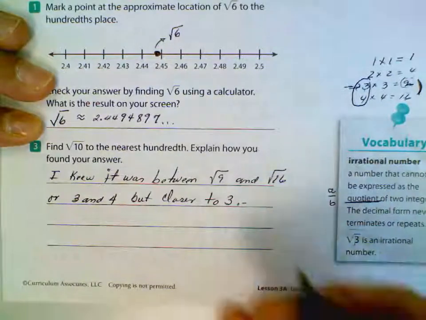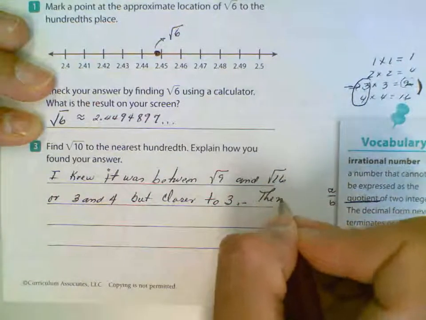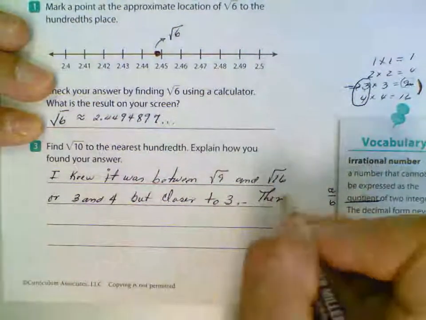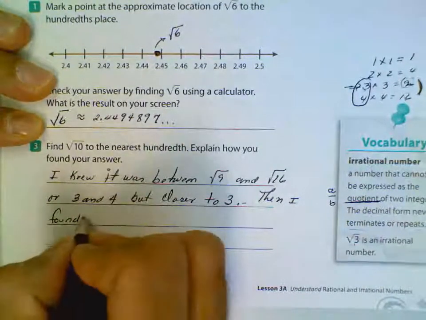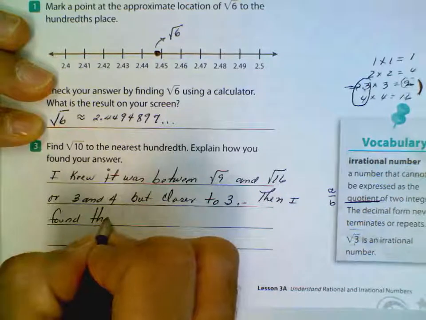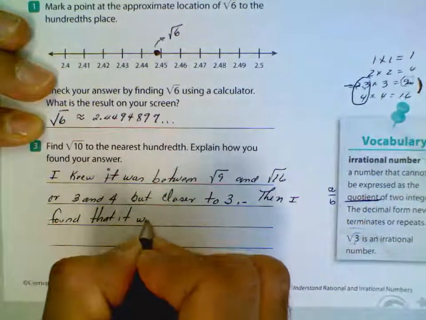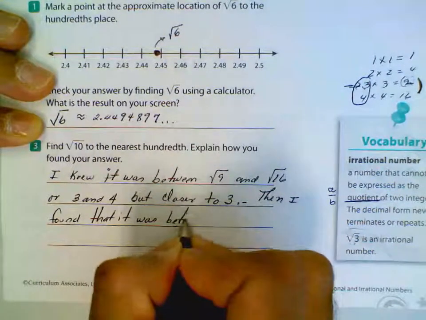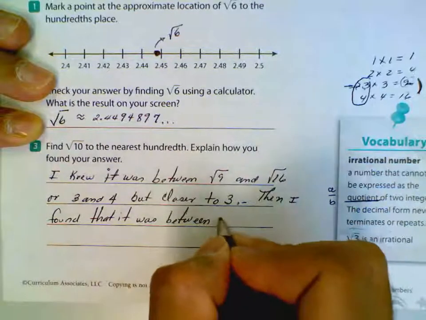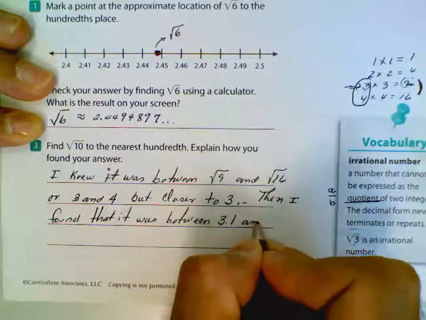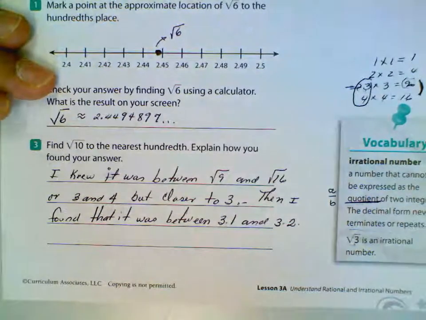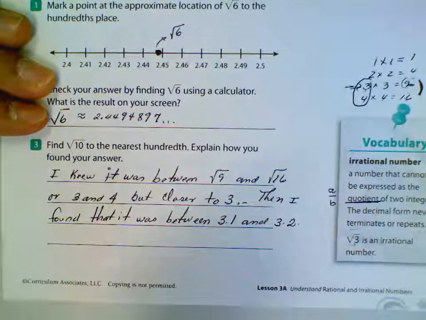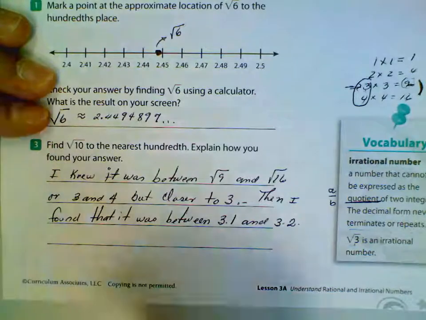Then, the next step that I took, I found that it was between 3.1 and 3.2. How did I find that one? By multiplication. You approximate those values by multiplication.